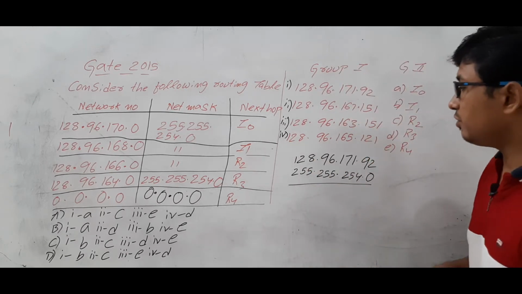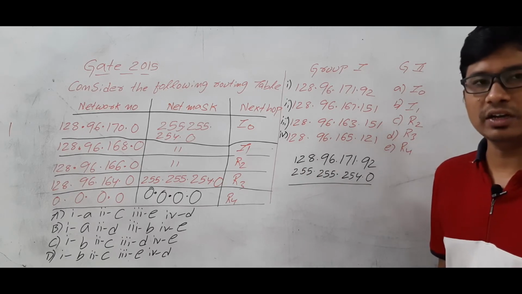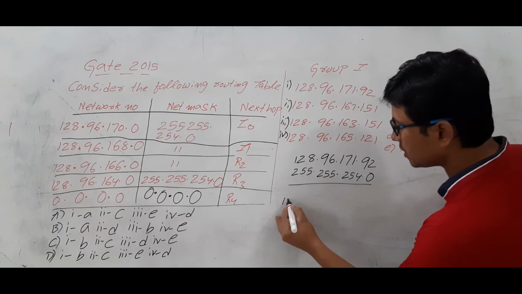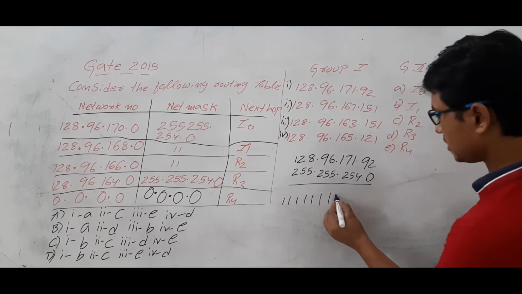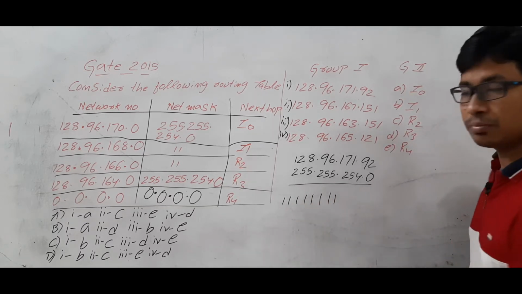Now if you perform 128 and 255, as I already discussed in the previous lecture, 255 is nothing but all 8 ones. Am I right? If I take 8 ones, it will be 255 when converted into a binary number.